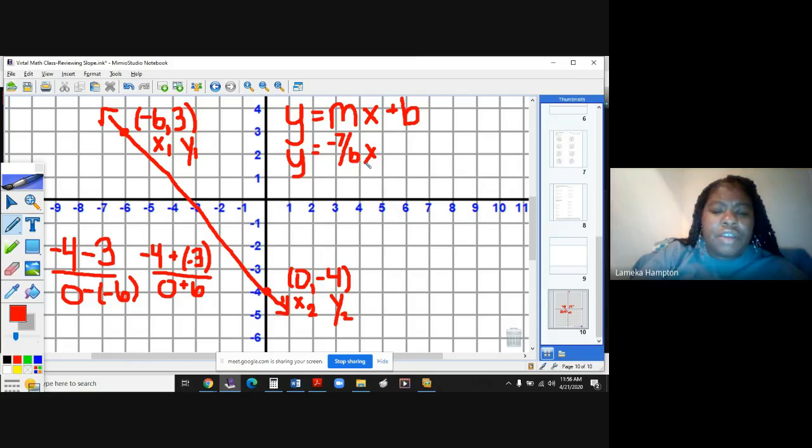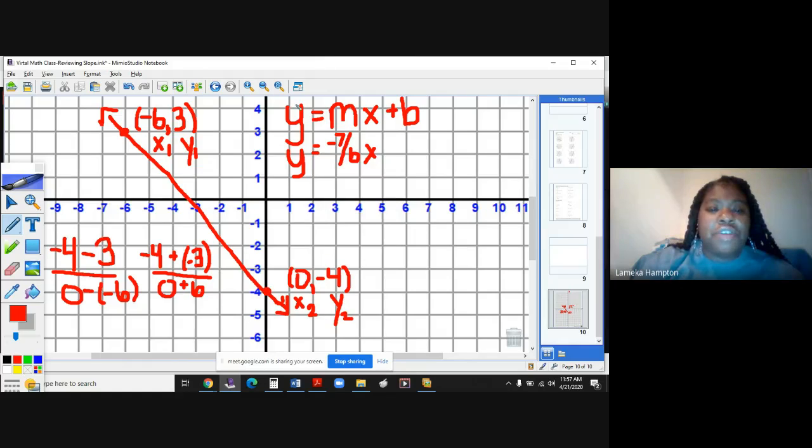Okay. Now, this last part is going to be B, which is represented by the y-intercept. Remember, the y-intercept is where the line crosses at the y-axis because the line is intercepting, it's crossing, okay? So that is very simple. You're just simply going to look at wherever the line crosses at the y-axis.